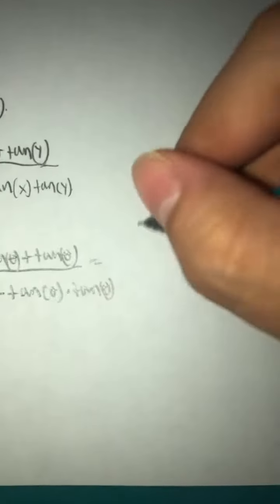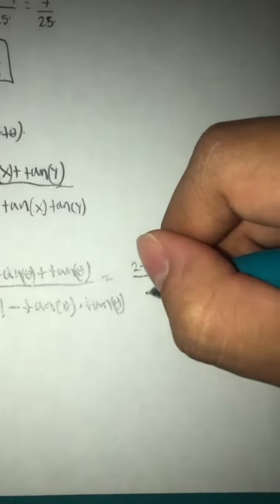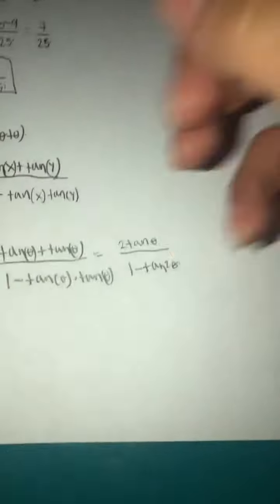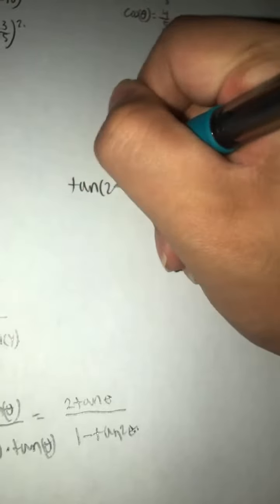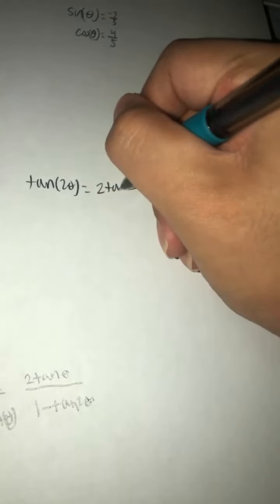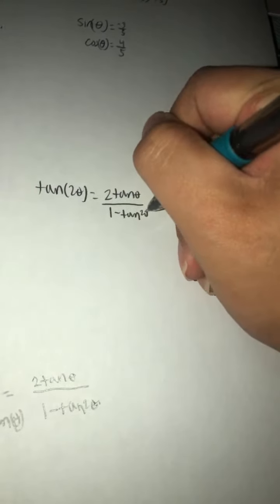This is equal to 2 tan theta over 1 minus tan squared theta. This is what tan of 2 theta is going to equal. Okay?